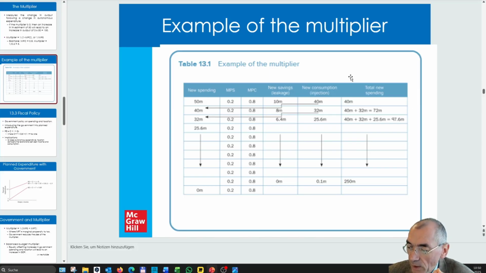And the next step is that we are going to discuss this in class and explain to each other what this table is about. We're also going to do examples, building our own table in order to understand this effect, that with one additional injection, we come to a far higher output.